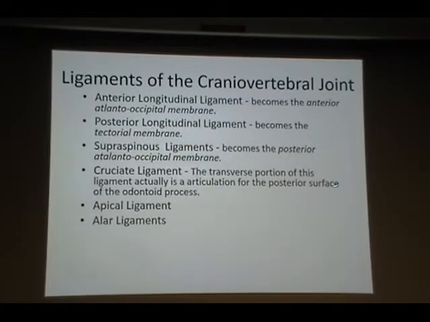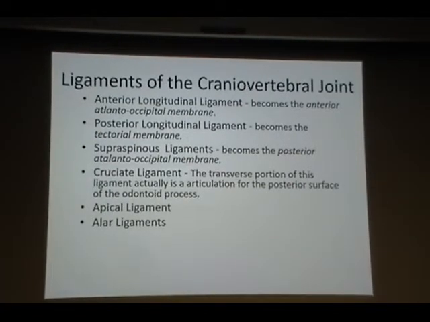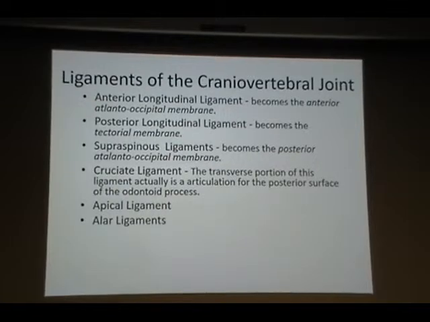But there is a large strengthening band, a very thick band, that goes behind the odontoid process, where the odontoid process is coming off of the top of the body of the second cervical vertebra. Okay? And so this is called a transverse ligament, or the transverse portion of this cruciate ligament.